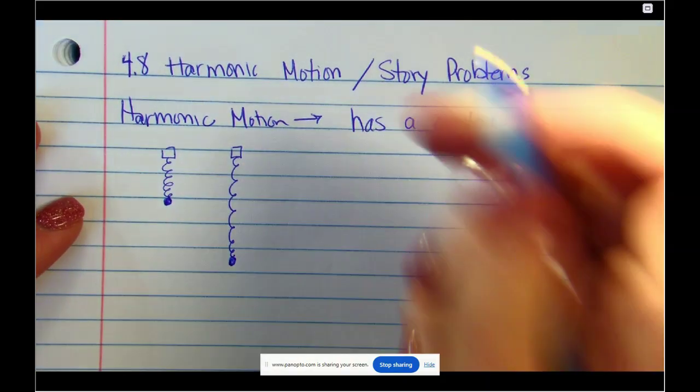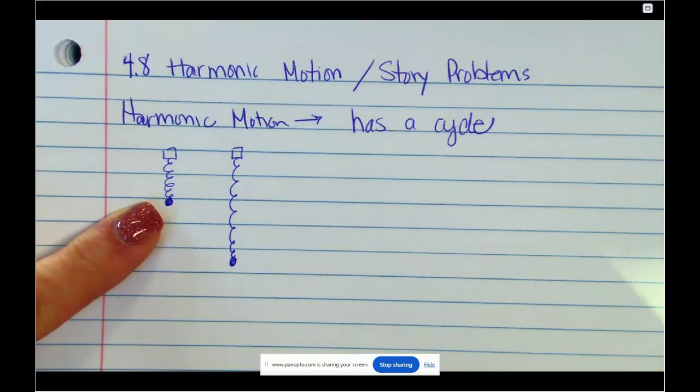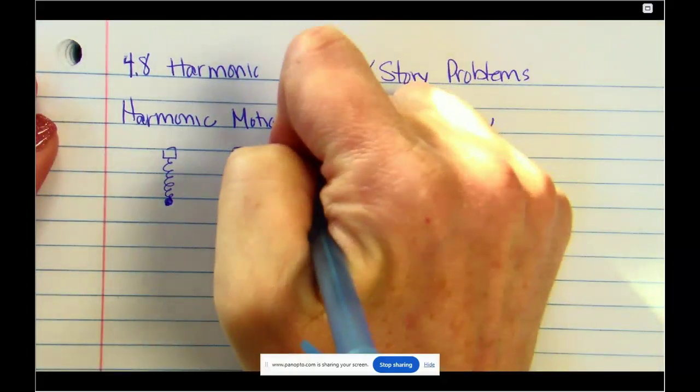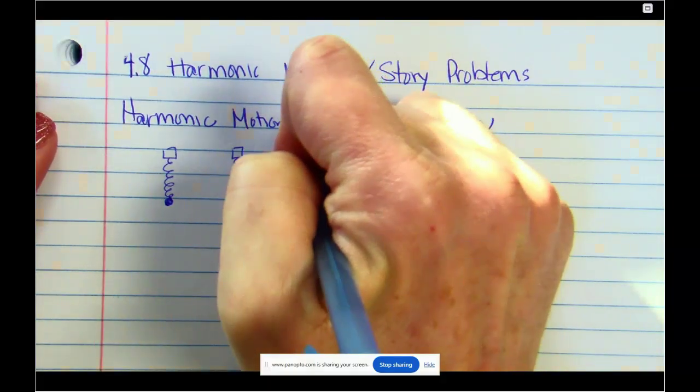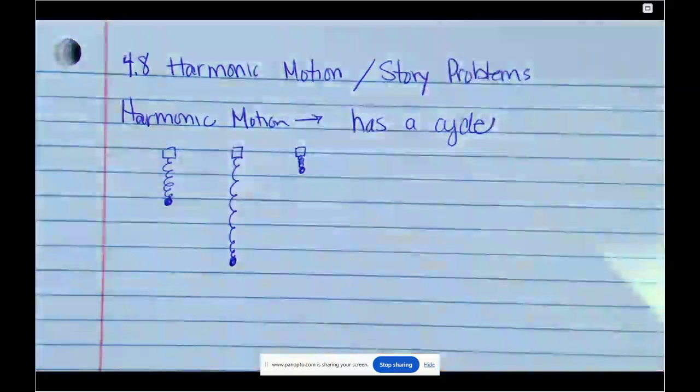It goes back up, but it goes up past this, because it shrinks way up, and then it goes down again, and it goes back up. So you have this cycle. And if there was no friction and no air resistance, it would keep going forever. We're going to pretend we're in that perfect world.